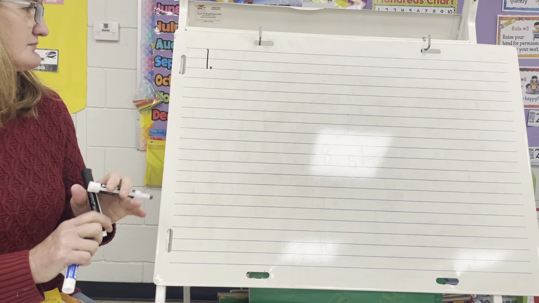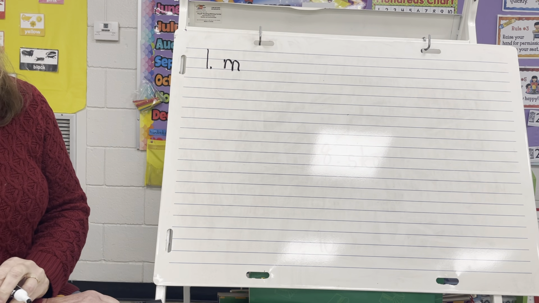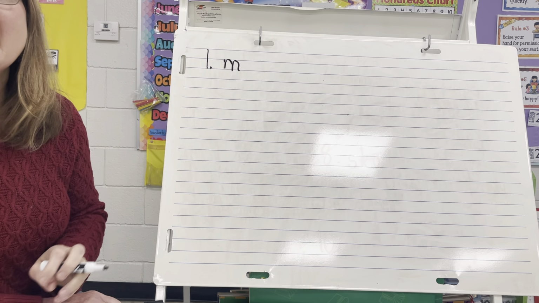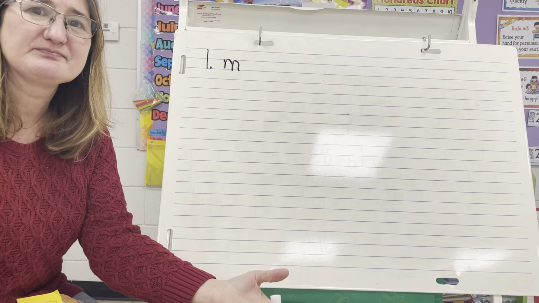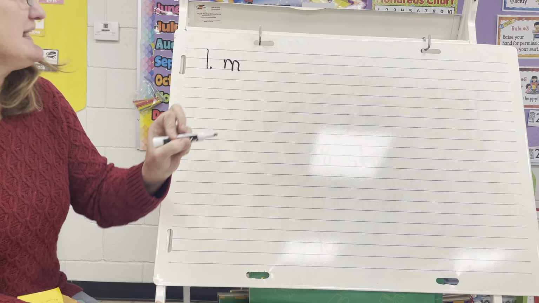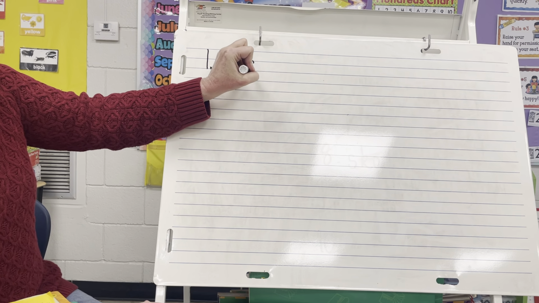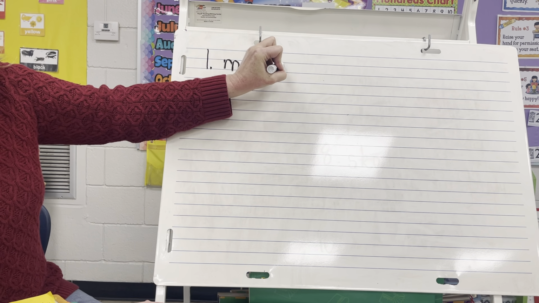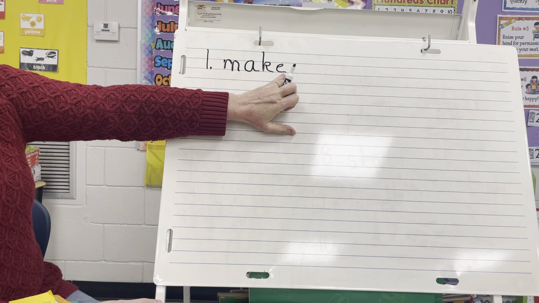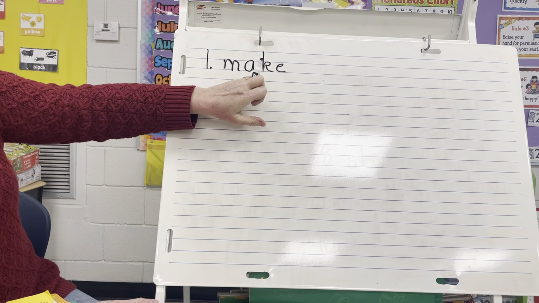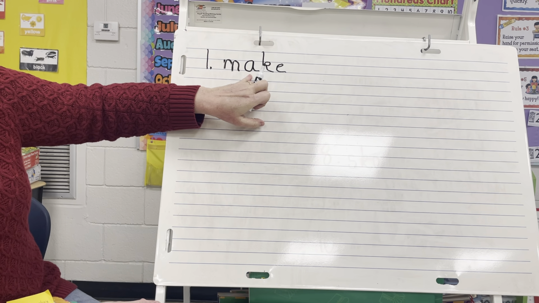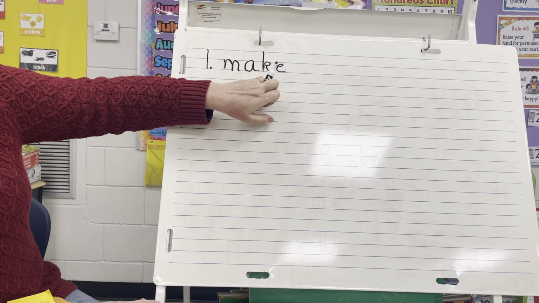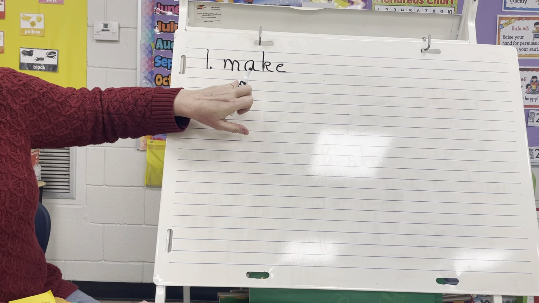All right, well, the word you wrote begins with an M sound, and if it rhymes with take, our word is make. You're right. Now we see that make has our sneaky E on the end, making the A say A. It's not Mac, but make.